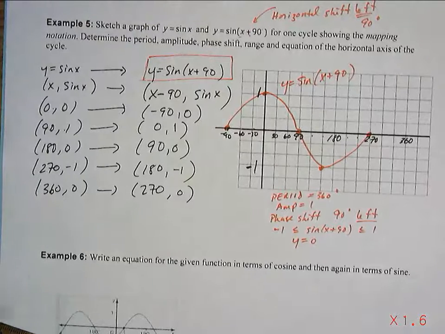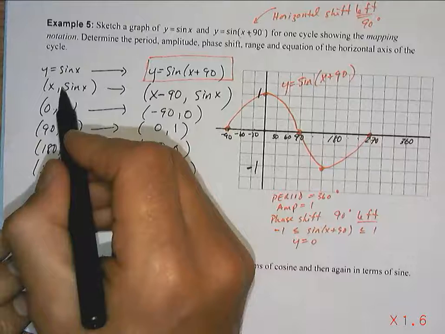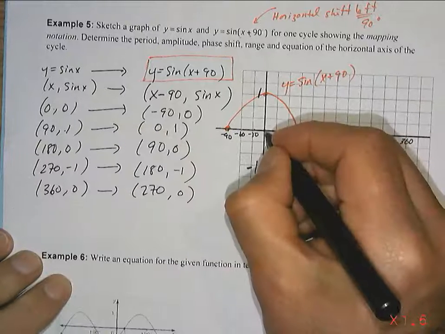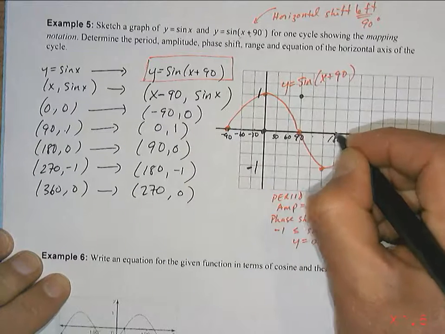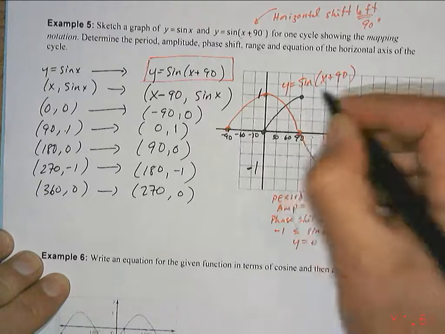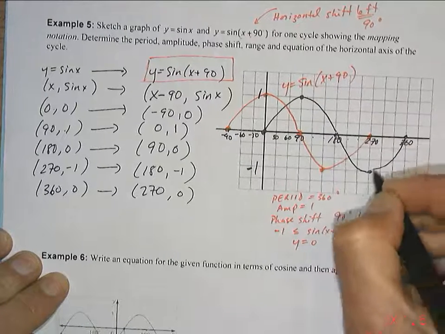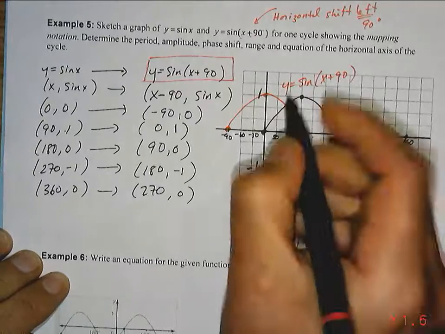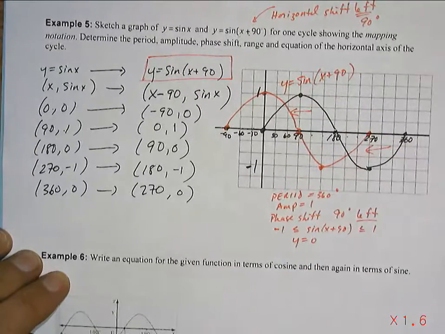I did all of that without sketching sine x. If I was to sketch sine x, it would go here. And then you would see how the red graph is simply the black graph moved 90 degrees over to the left.